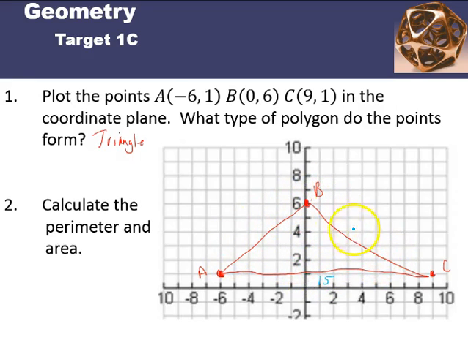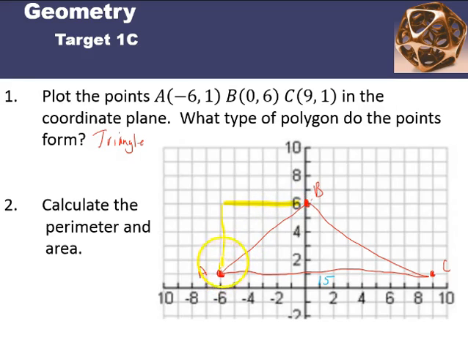So to find the length of the other two sides, I have to do the Pythagorean theorem, or the distance formula. I'm going to do the Pythagorean theorem, and I'm going to go ahead and make a right triangle. So from A to B, I have to go up, and I have to go over.